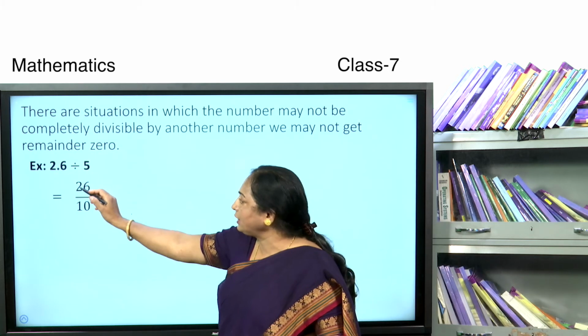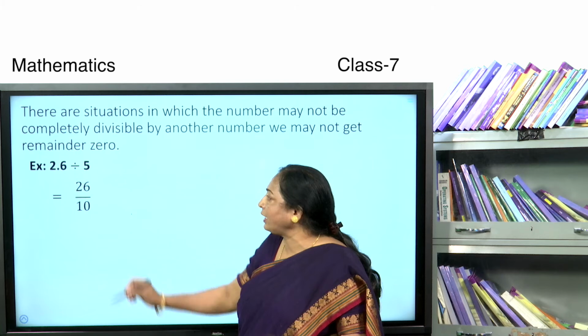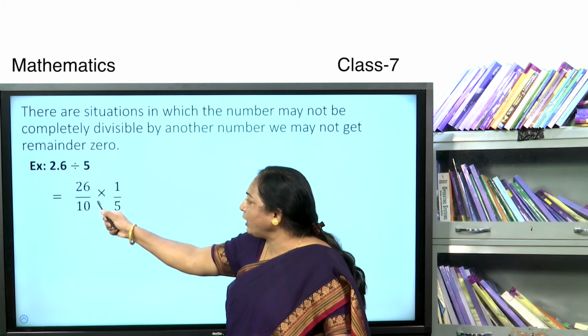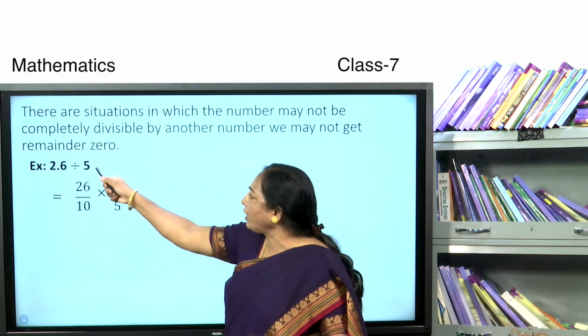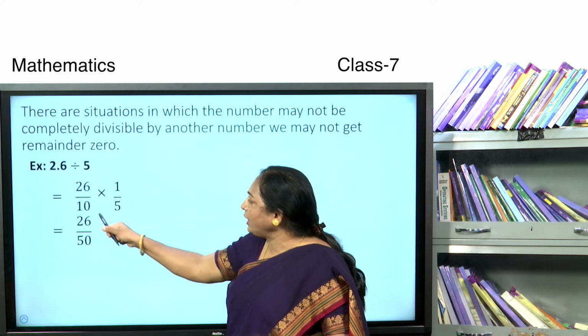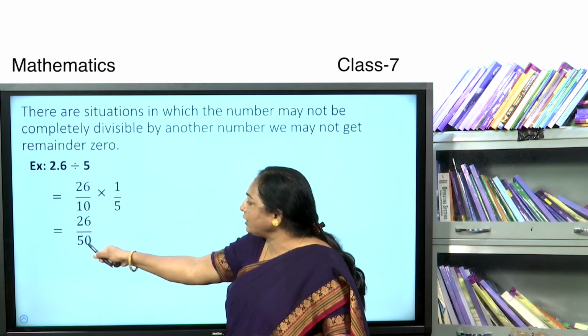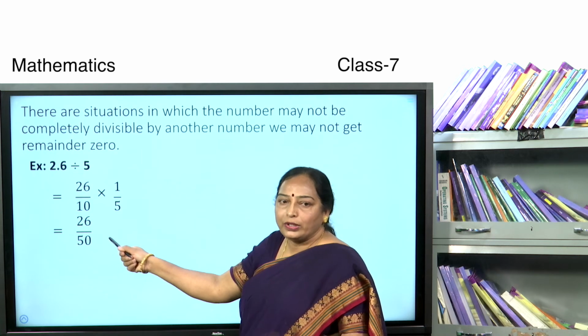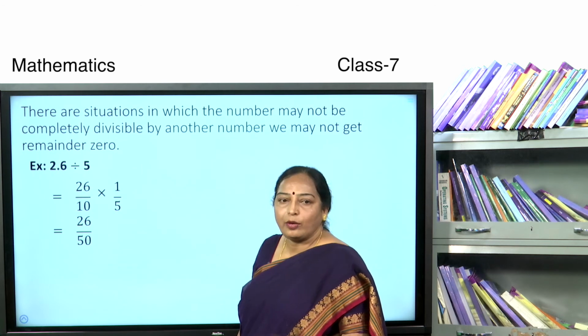Write 2.6 in fraction form: 26 by 10 divided by 5, and 26 by 10 is multiplied by the reciprocal of 5, that is 1 by 5. Multiplying numerator with numerator, denominator with denominator, we will get 26 by 50. Convert this into an equivalent fraction to get 100 as the denominator.